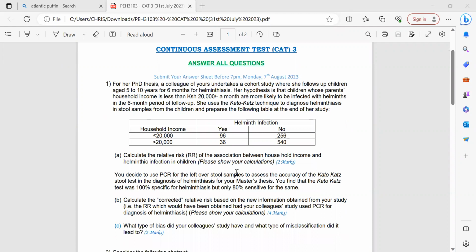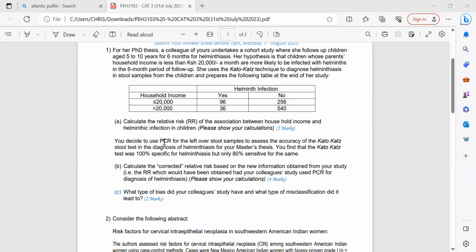Then we go to: you decide to use PCR for the leftover stool samples to assess the accuracy of the cat's stool test in the diagnosis of helminthiasis for your master's thesis. You find that the cat's test was 100% specific for helminthiasis, but only 80% sensitive.